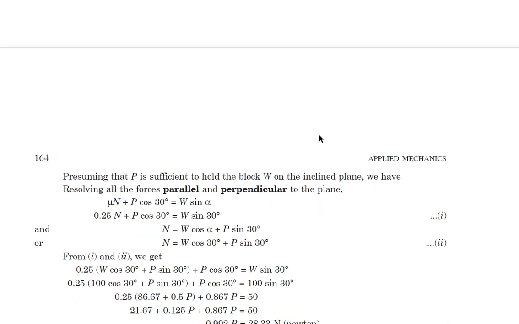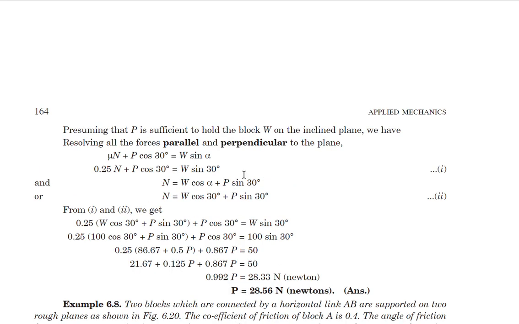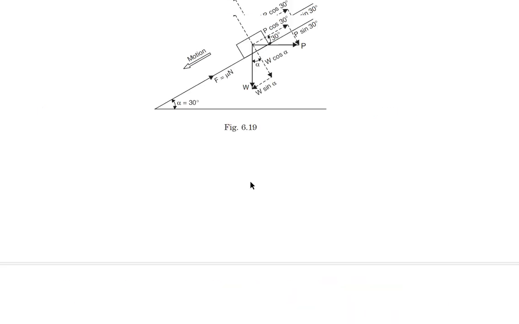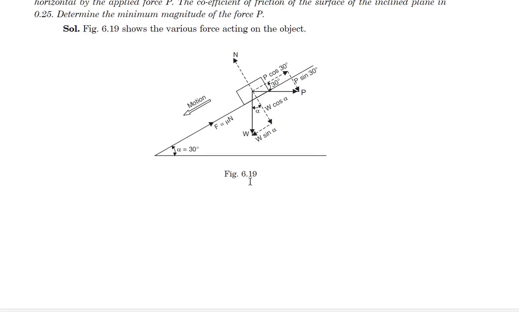So we get these two equations, and there are two unknowns, N and the P force. So we can resolve these two. Alpha is given to be 30 degrees.